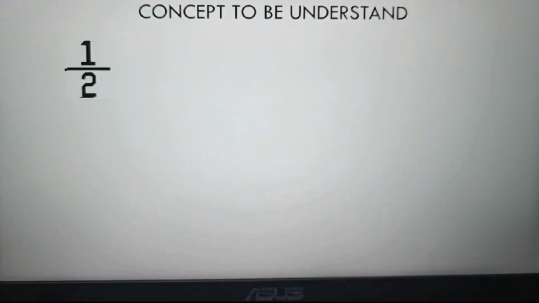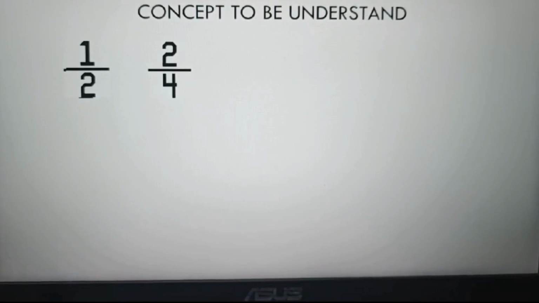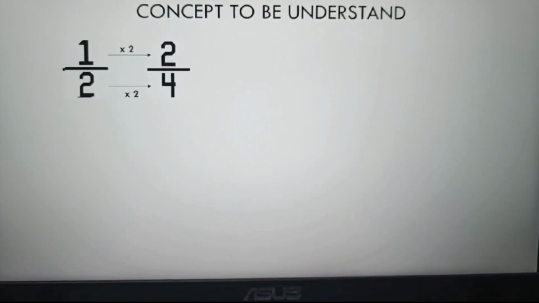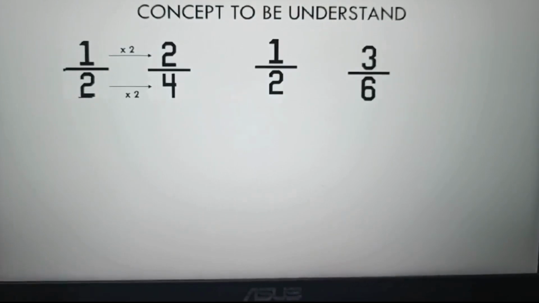If you take the pair 1 by 2 and 2 by 4, the numerator 1 is increased 2 times and the denominator is also increased 2 times. Both are increased the same number of times. Similarly, in 1 by 2 and 3 by 6, the numerator 1 is increased 3 times and the denominator 2 is increased 3 times.